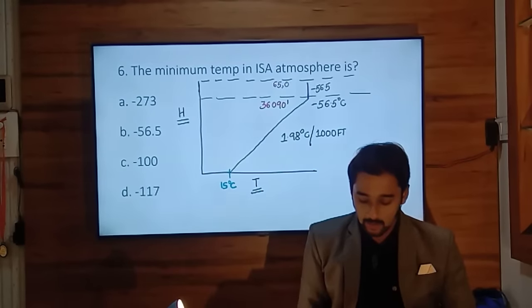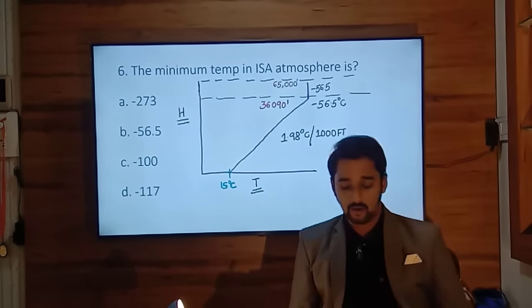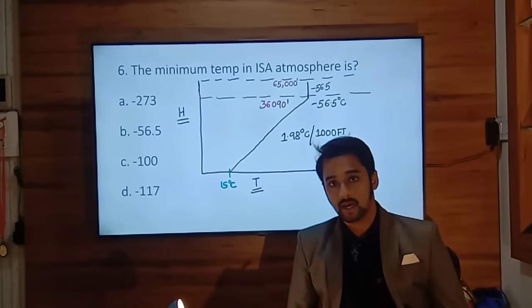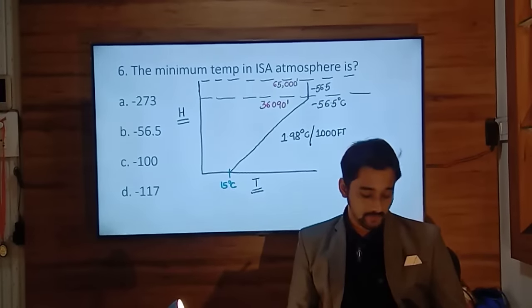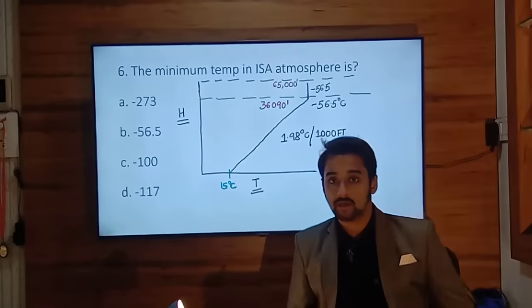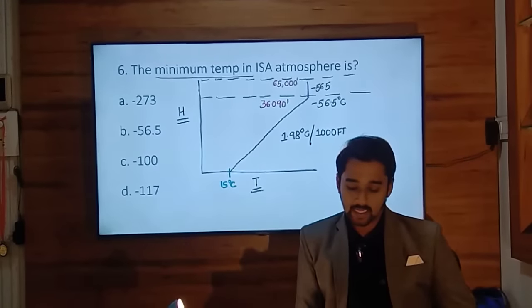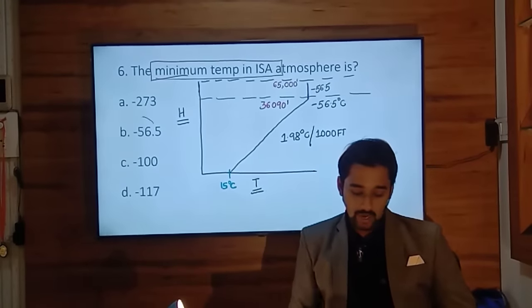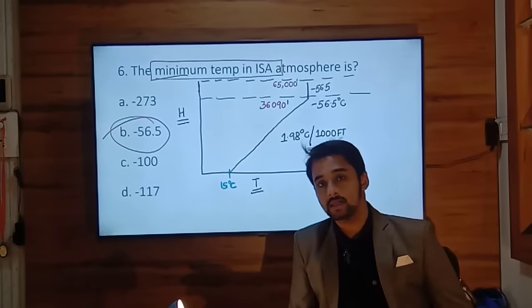So this is the basic rule of ISA. So the answer to this question is: the minimum temperature in ISA that can exist is minus 56.5 degrees Celsius.